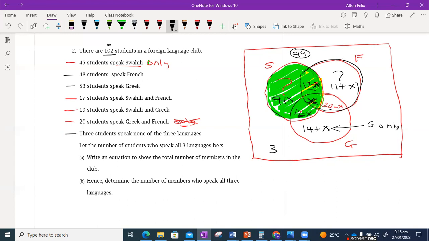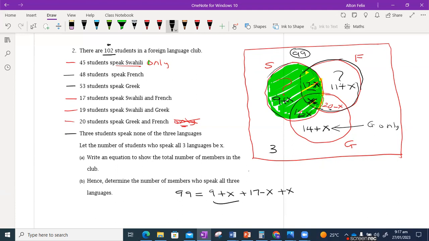99, okay, I'm going to start it here. 99, and we need to add up all the bits of information here. This bit for S, let's go with S first. It will be 9 plus x plus 17 minus x plus x.